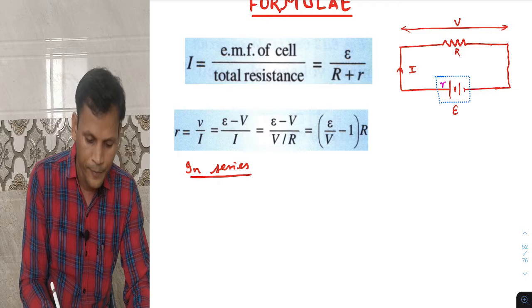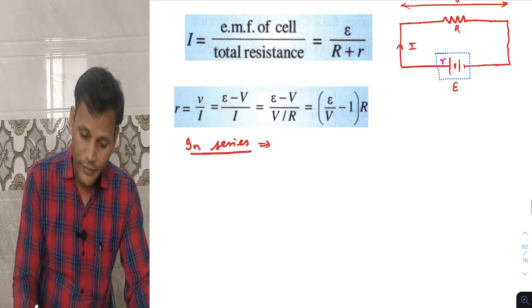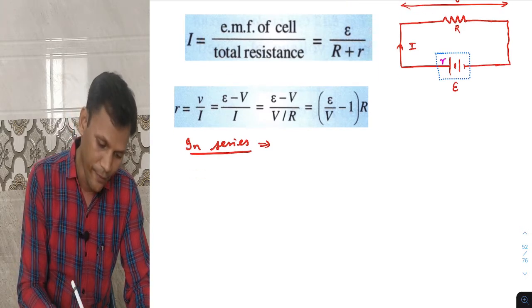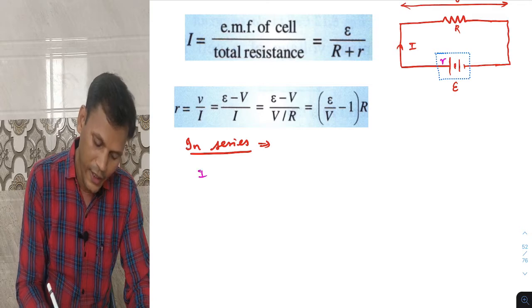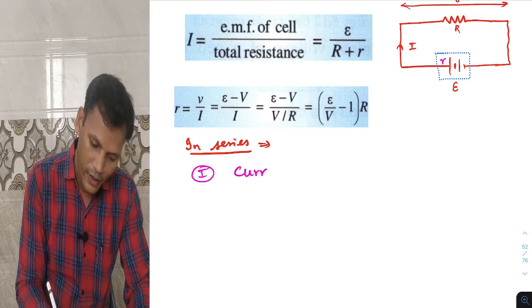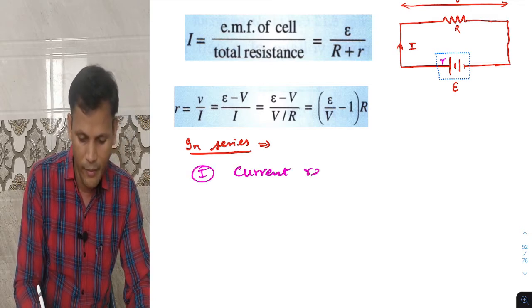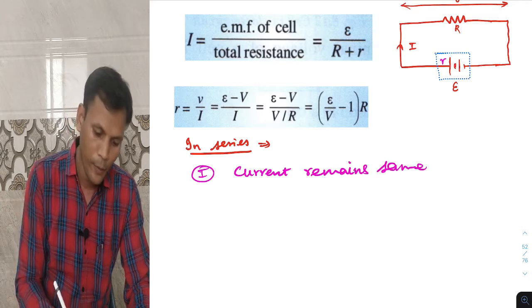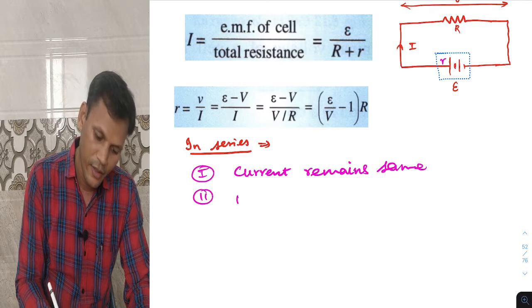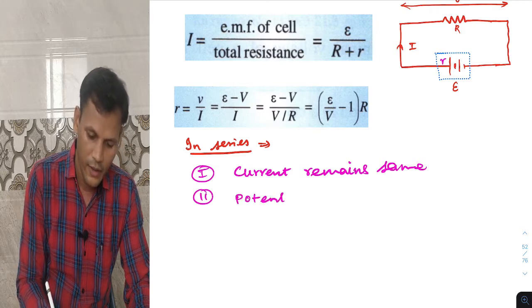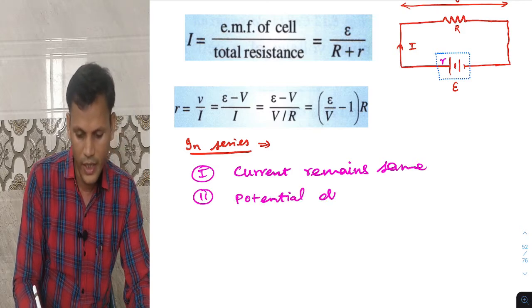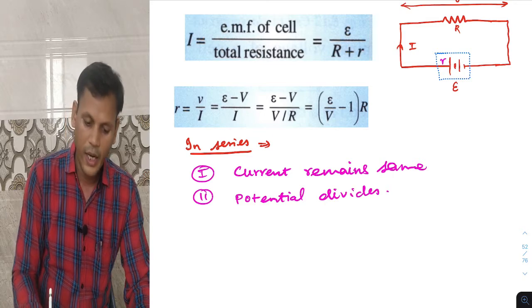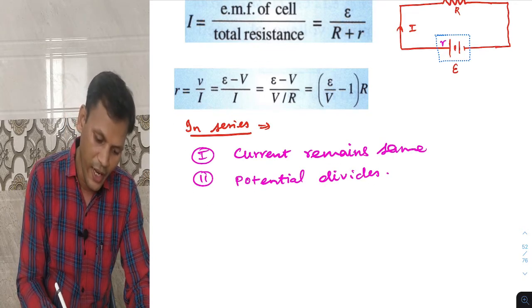In series, current remains the same and potential divides. And in parallel combination, what will we have?